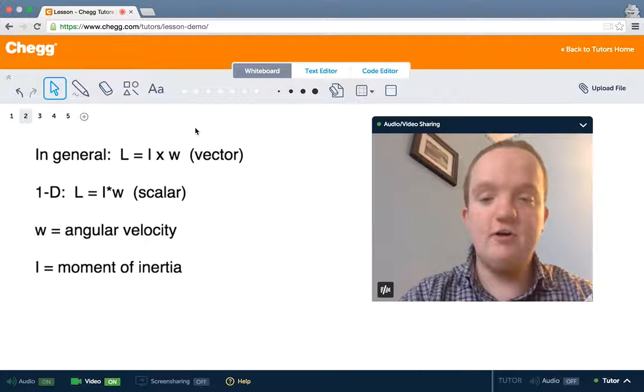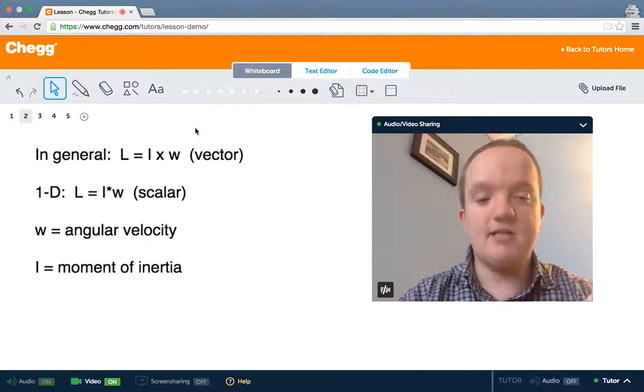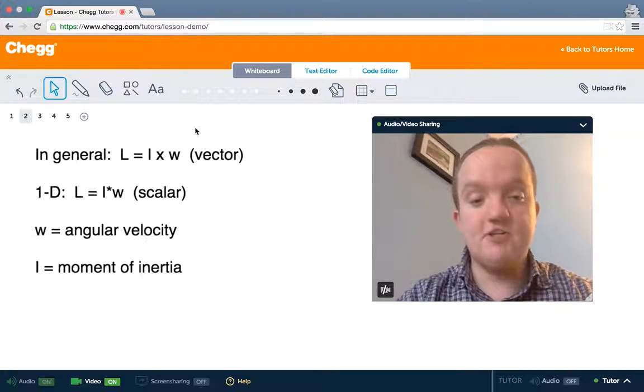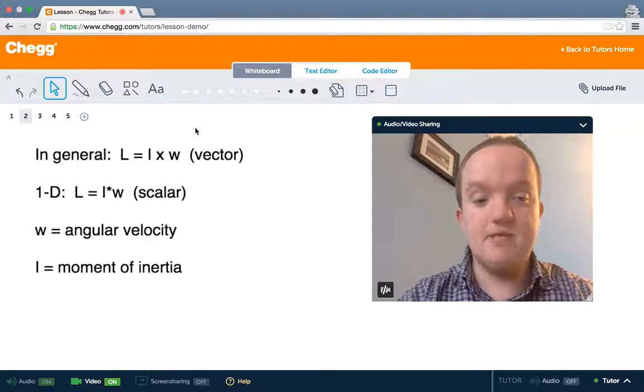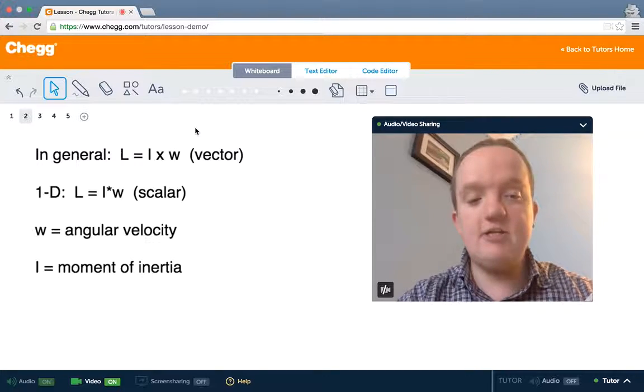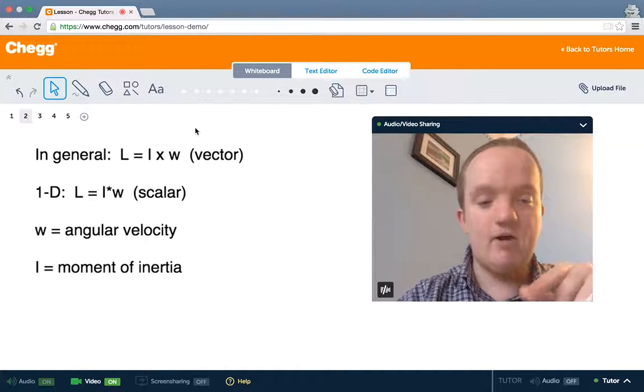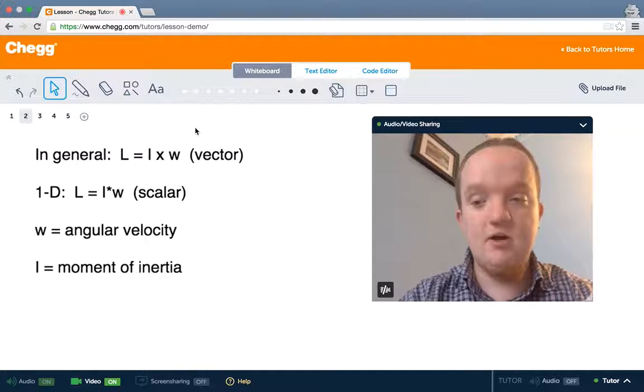Now, in general, angular momentum is a very complex thing. This is what we can use to understand the motion of gyroscopes. The conservation of angular momentum is why gyroscopes act the way they do. But at a very simple level, we can also use it to understand one-dimensional motion, clockwise or counterclockwise, of a CD or of someone who's skating in a very simple way.